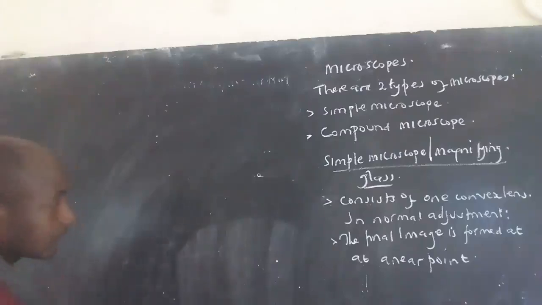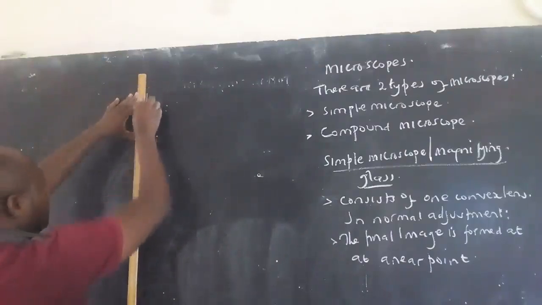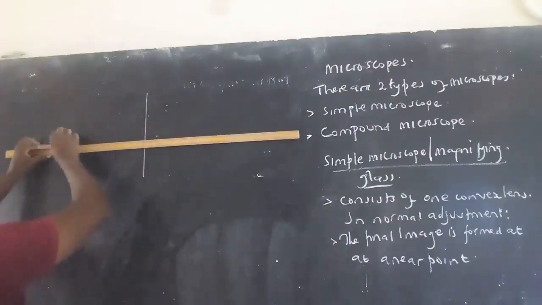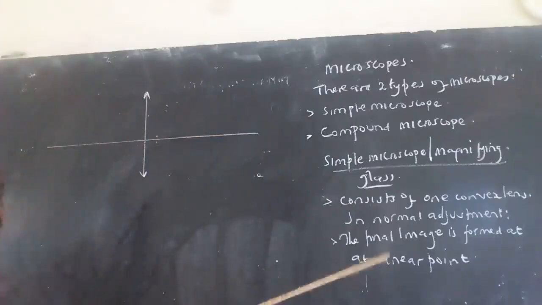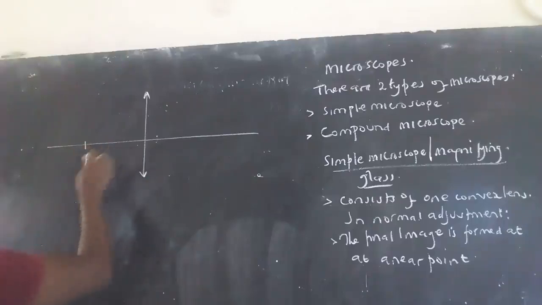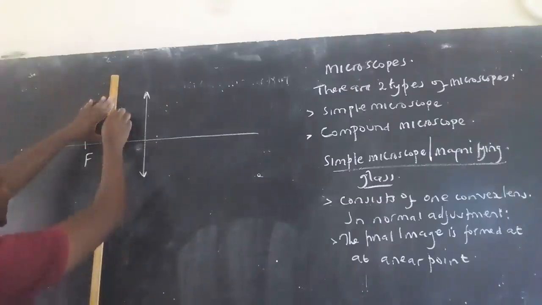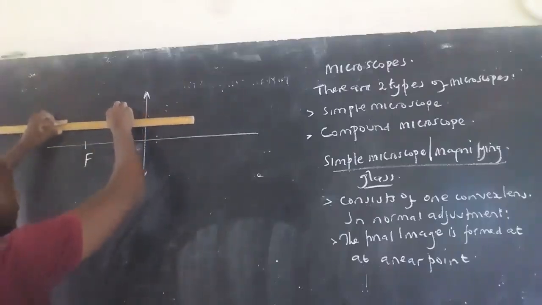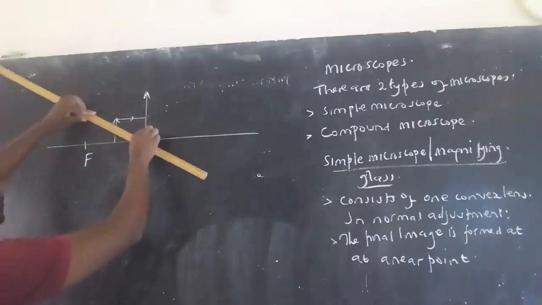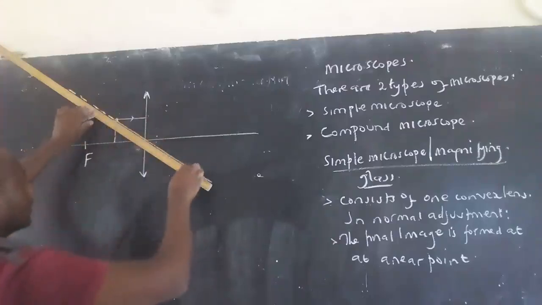Then we shall now do the diagram. Like that. So now if it is forming the final image at a near point, then it means we have to, this is F, so this is C. Okay, like that. Then we put this one here, like that. Then we have this.